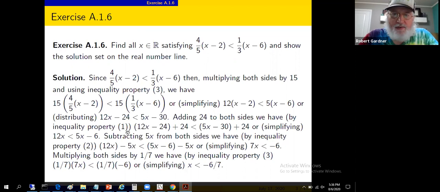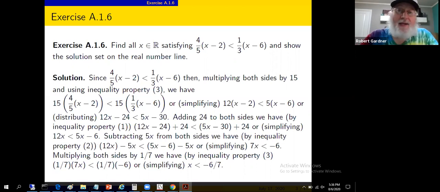Inequality property number 1 tells you that. Negative 24 plus 24 is 0, so we can drop that, and we're just left with 12x on the left-hand side. On the right-hand side, we got 5x minus 30 plus 24. It's 5x minus 6. So we got 12x is less than 5x minus 6.